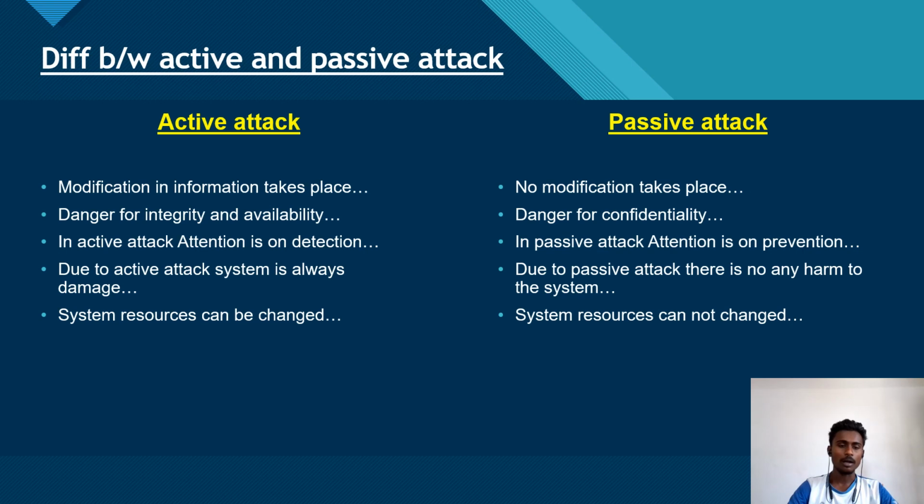Due to an active attack the system is always damaged, whereas in a passive attack there is no harm to the system. System resources can be changed in an active attack, whereas in a passive attack system resources cannot be changed. So these are the main differences between active and passive attacks.